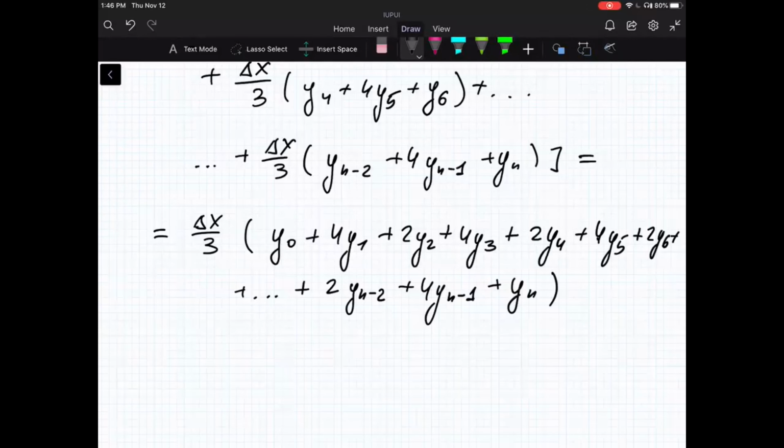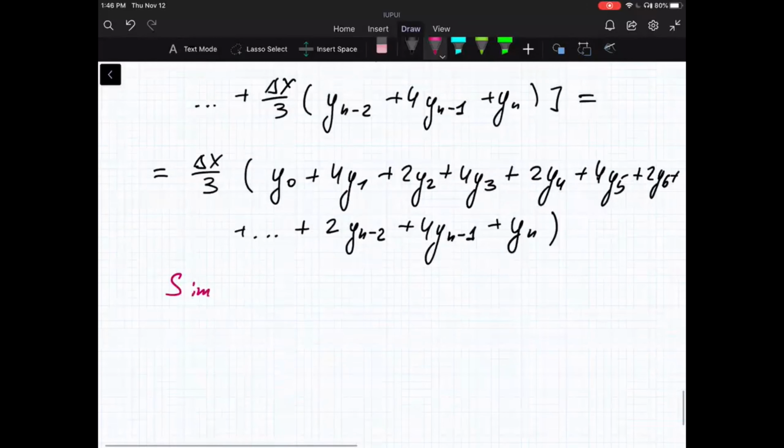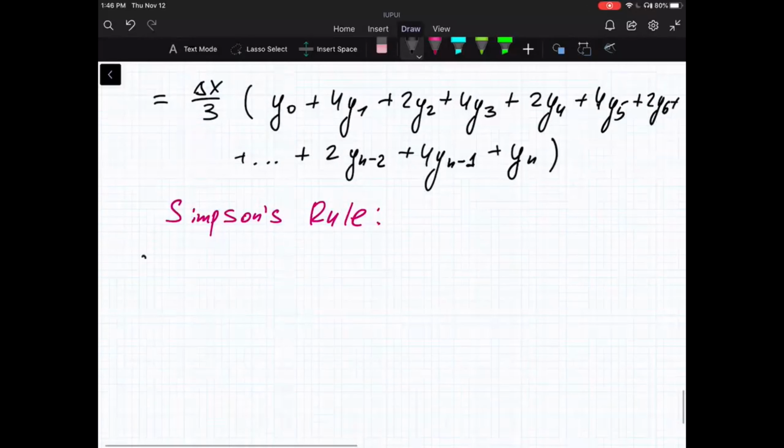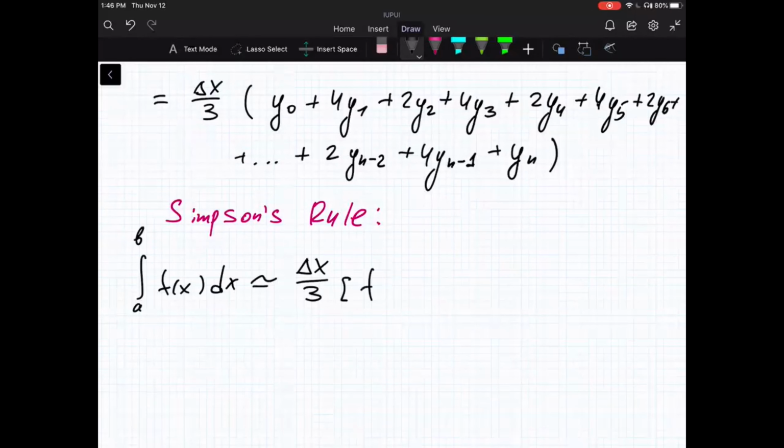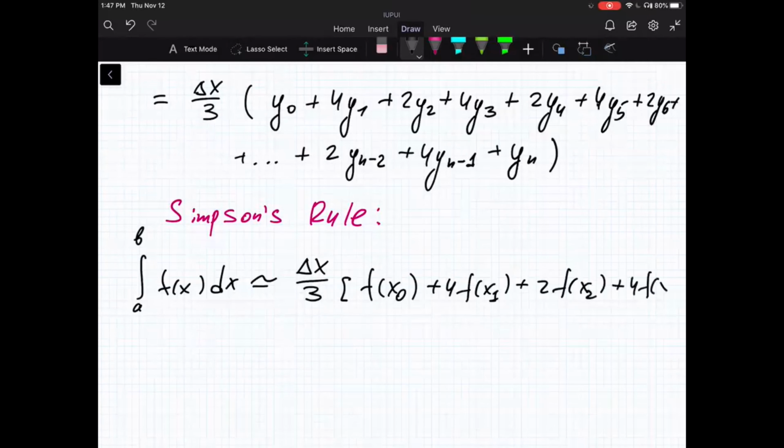And this approximation procedure is called Simpson's rule. So what we get is that the integral from a to b of f of x dx can be approximated by the following sum. It's delta x over 3 times f of x0, this is just y0, plus 4 f of x1 plus 2 f of x2 plus 4 f of x3 and so on.